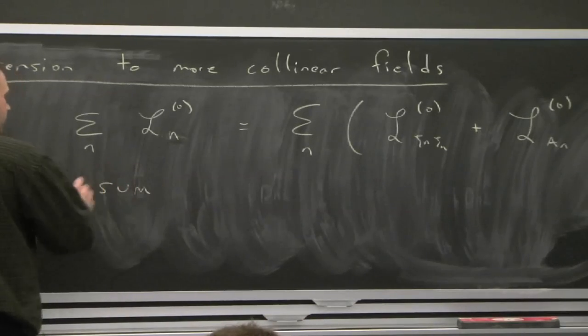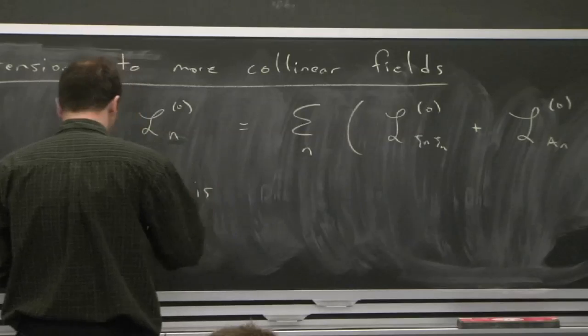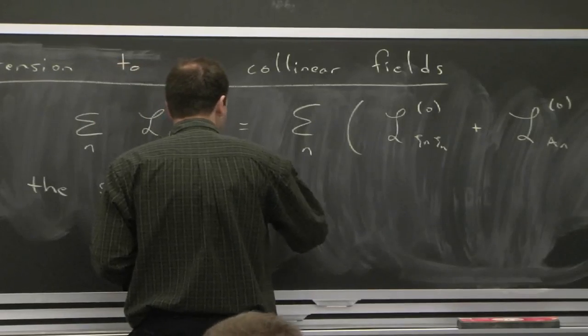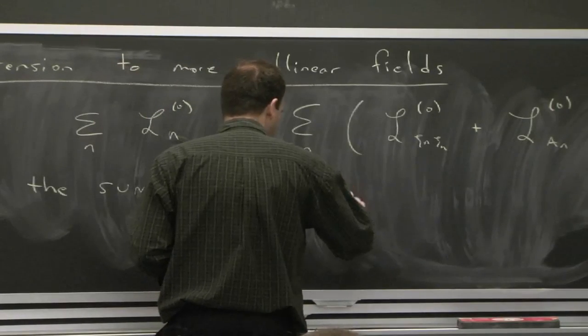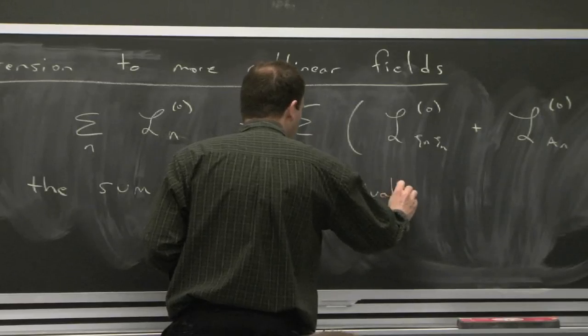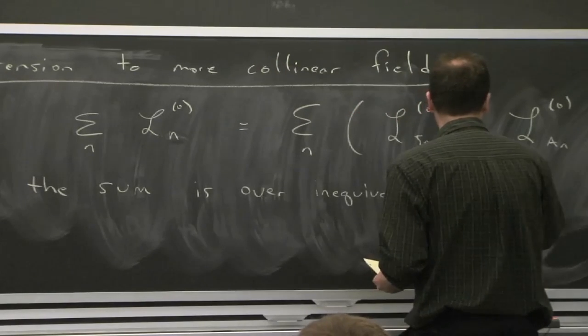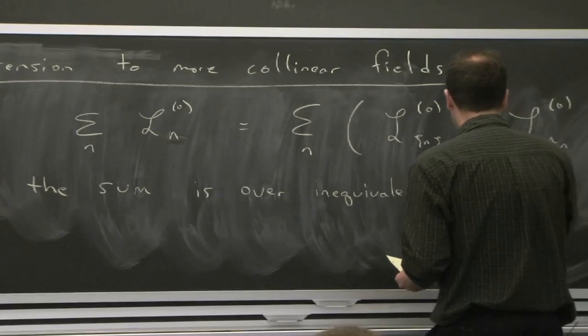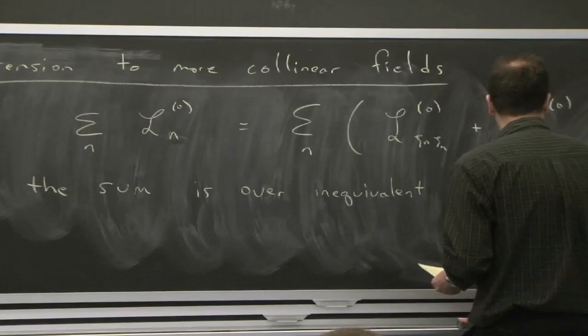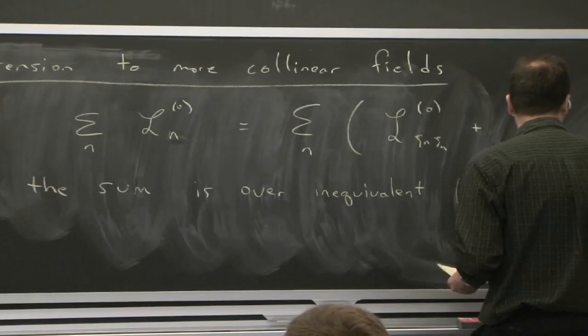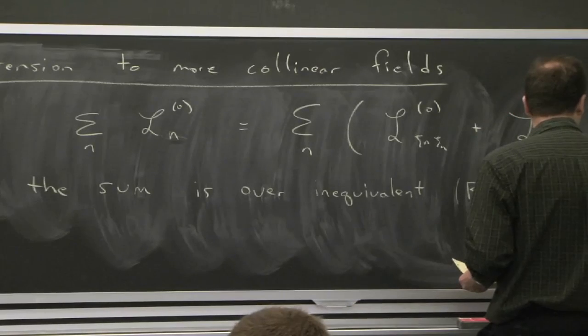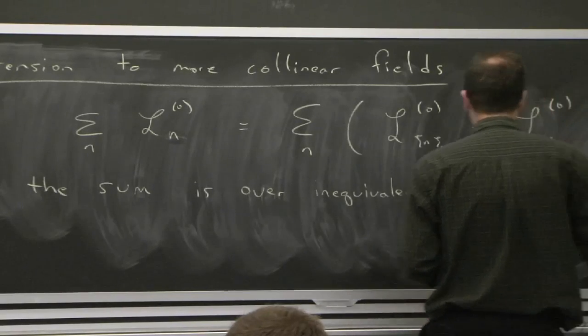And so here's the words, and then we'll explain what they mean. This sum is over inequivalent n's. Well, that should be obvious that they have to be inequivalent. But what makes them inequivalent is the fact that they are RPI equivalence classes. So that's a funny sentence.